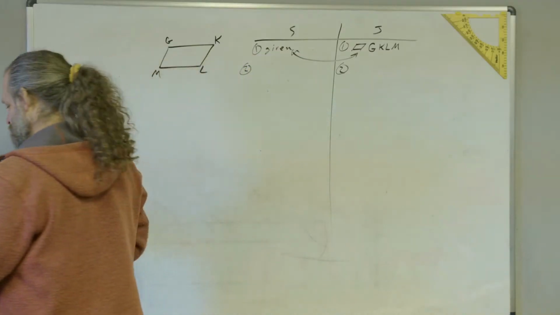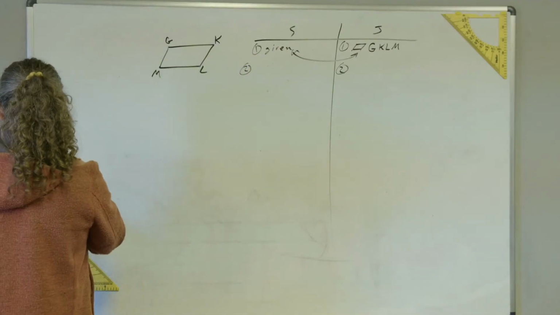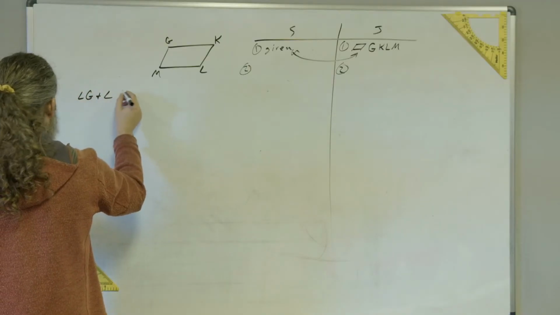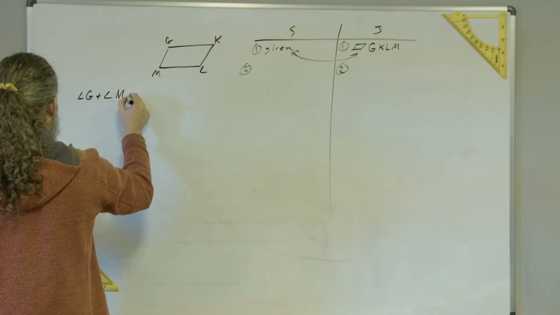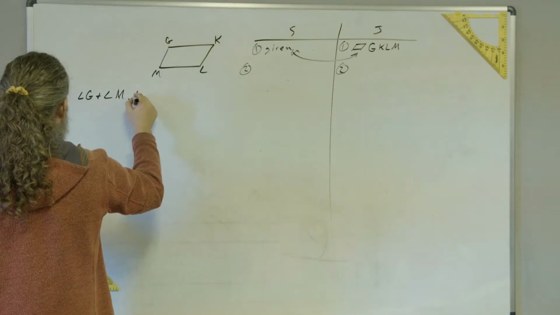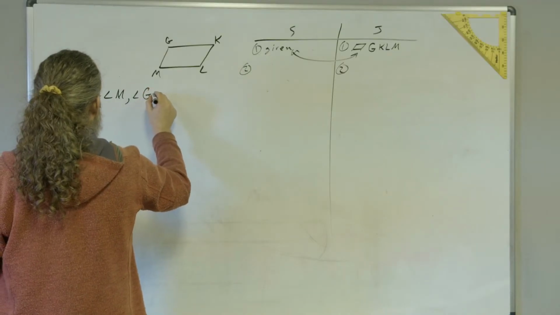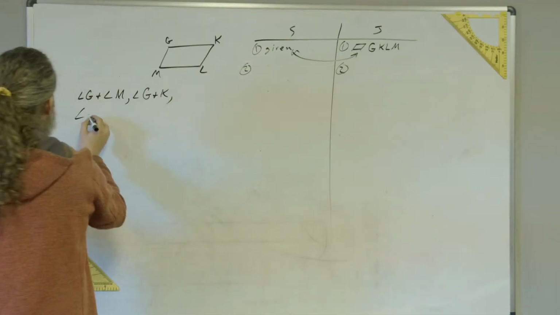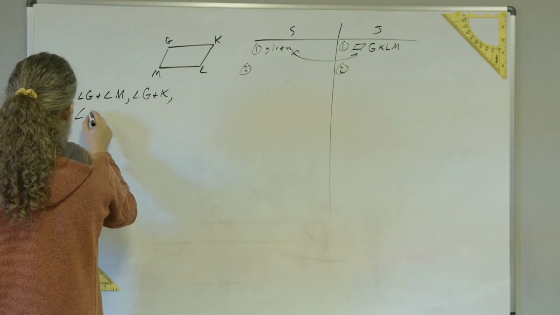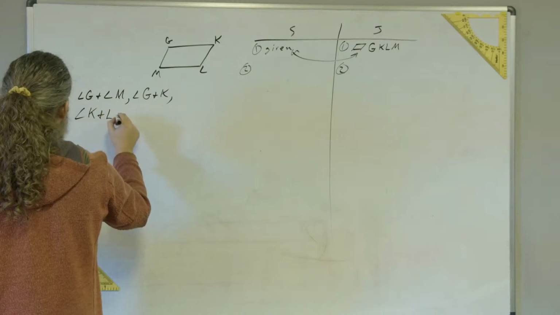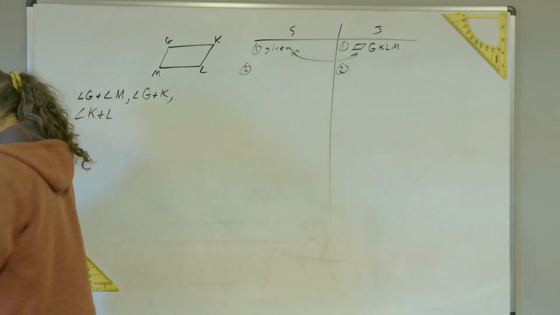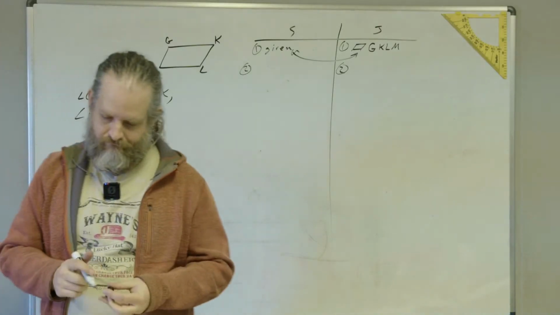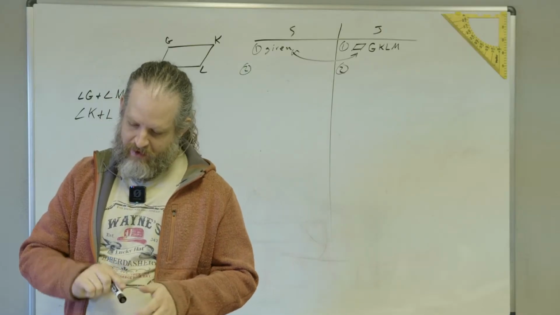And we want to prove that angle G and angle M, and angle G and K, and angle K and L, all the same side things, you can read it in the book, are supplementary.